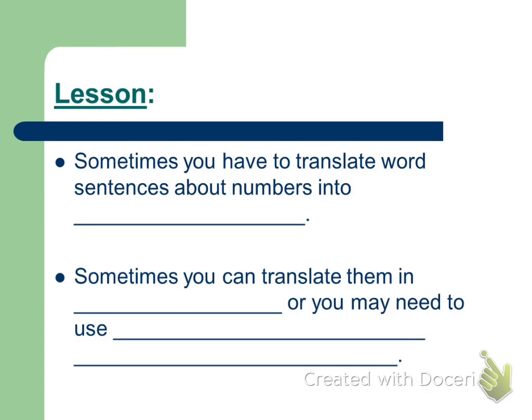Alright, so today's lesson, sometimes you have to translate word sentences about numbers into equations. We've done something similar to this before, but we changed them only into expressions. This time we're going to have an equal sign in there.